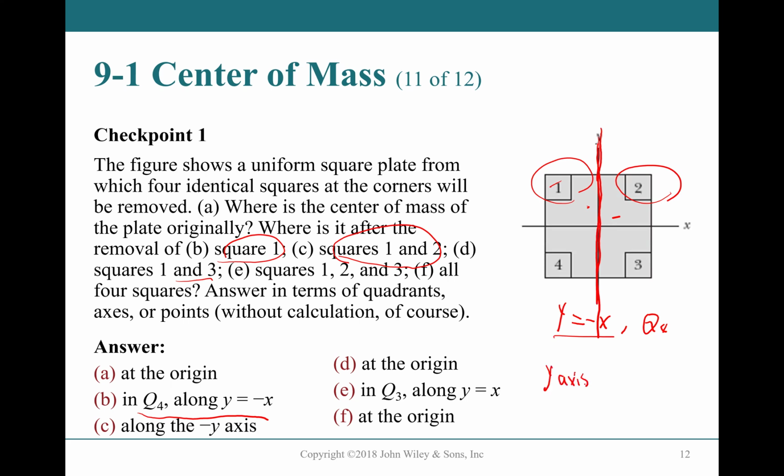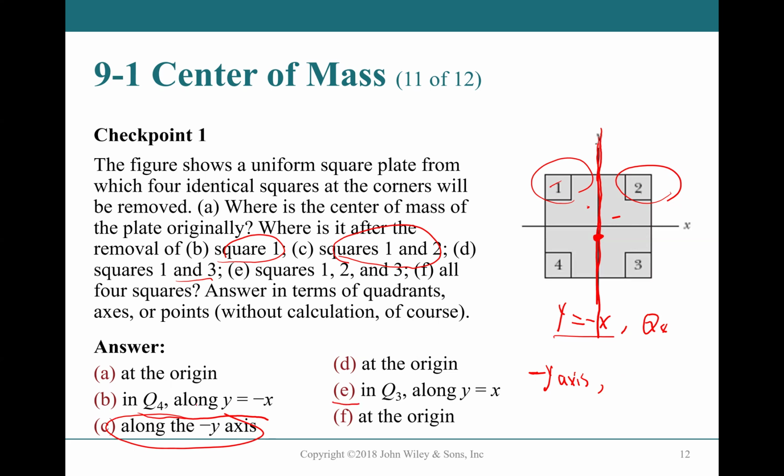But the center of mass should be towards the region where the mass is more concentrated. So that's why it should be somewhere here. So it's along the y-axis, and actually along the negative y-axis, okay? You can do D, E, F by yourself.